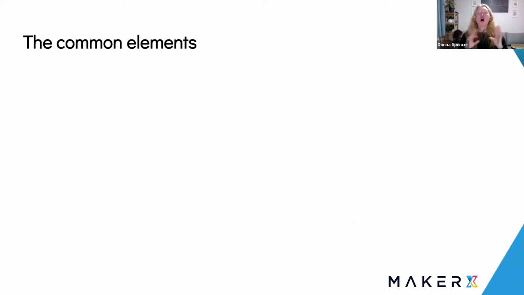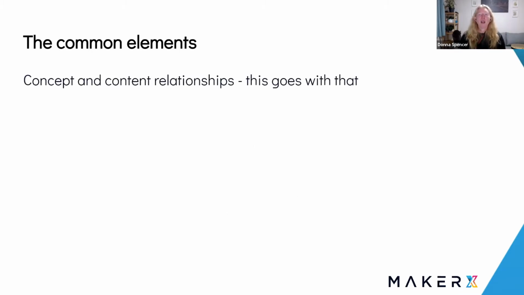All right. So what's common to these kinds of projects, and what does information architecture look like today? You've heard me say a bunch of these already. A lot of how to do that work is about understanding both concepts, so ideas, and the relationships between ideas, and also the relationships between content.